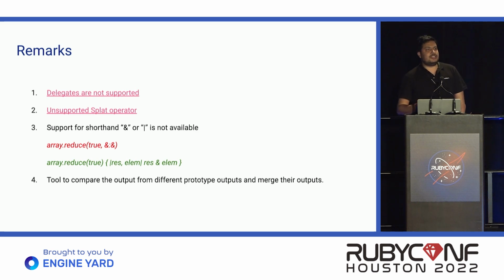There are a few things which are still not supported in RBS. It's in active development right now, so these things are expected. One thing I feel is that there are multiple options to generate the output in RBS, like RBI, RB, and the runtime. So there should be a tool with which we can compare the output of syntactical parsing and the runtime code generation and see which one better resembles our code.